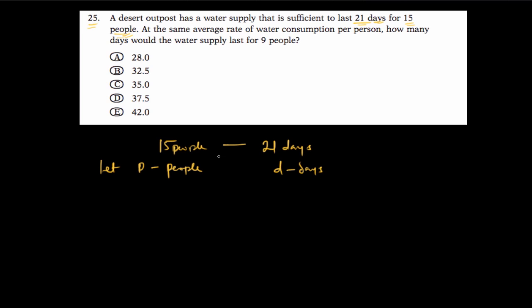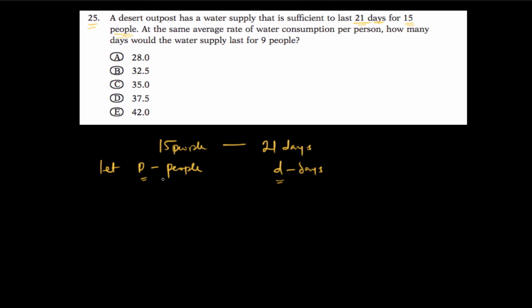From intuition, you know that the higher the number of people, the lower the number of days the water supply would last. So that tells us that there is an inverse relationship between the people and the days.